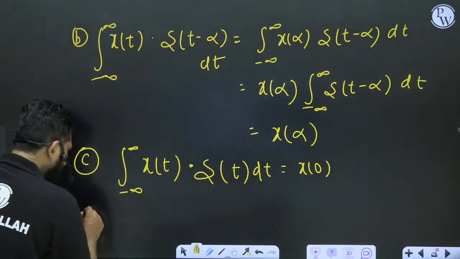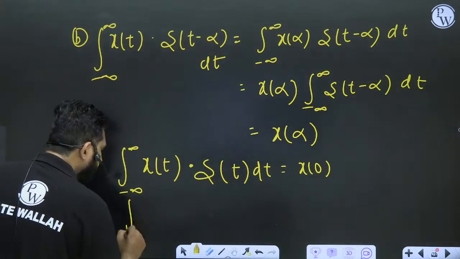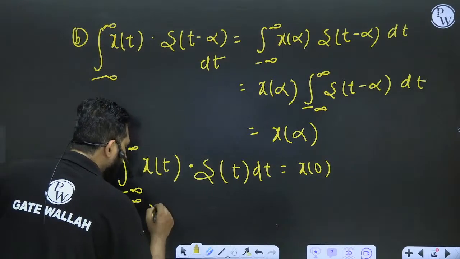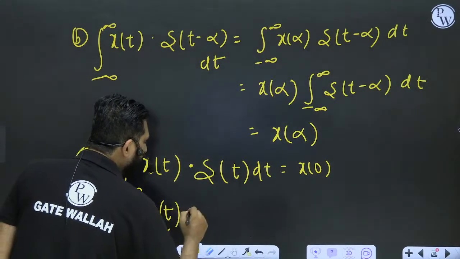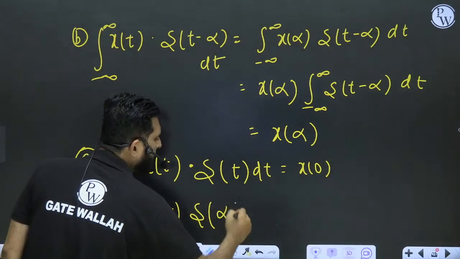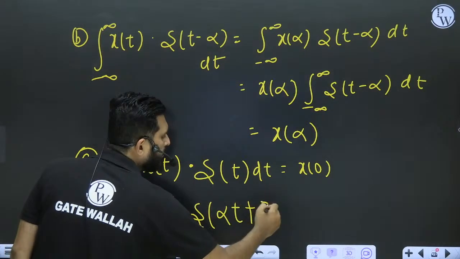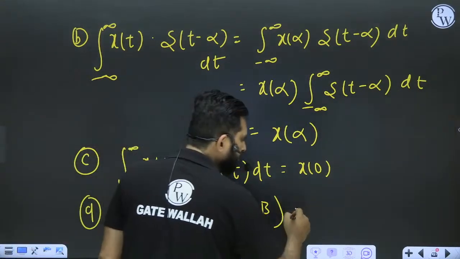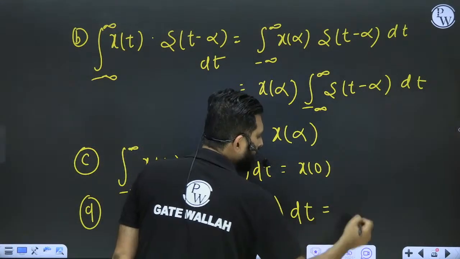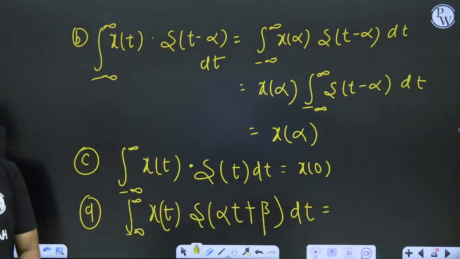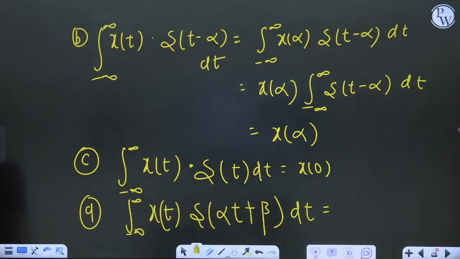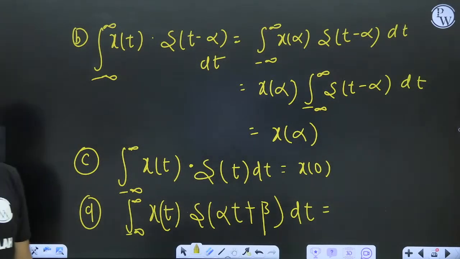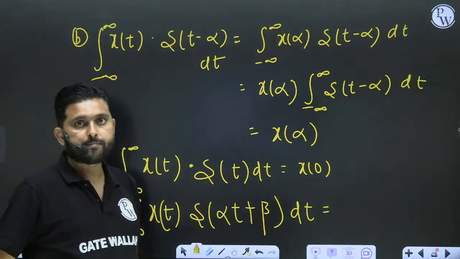D, same extension. Suppose I have the integral from minus infinity to infinity of x of t multiplied with delta of alpha t plus beta dt. What is the result that I will get? I want the answer from your side.